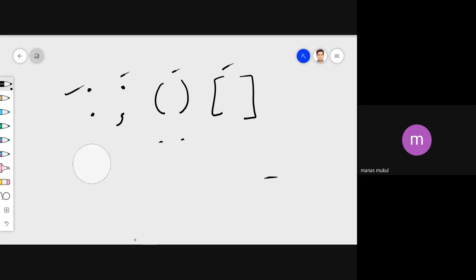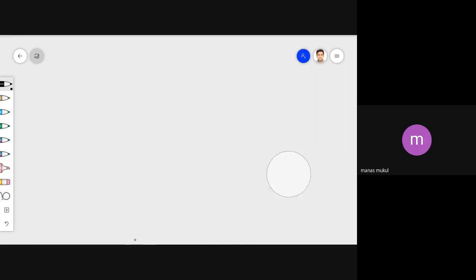And what are they used for? All these symbols are used in your programming. When you write in C, you will be using these symbols. Now I'm going to write some words, and then I will ask you whether you know the meaning of those words.